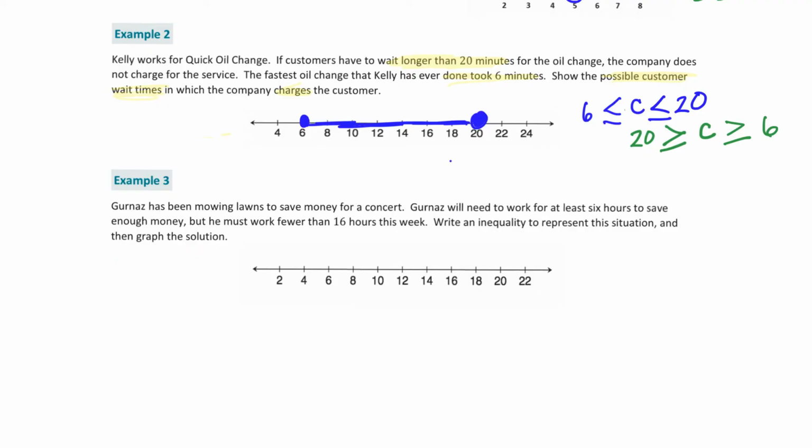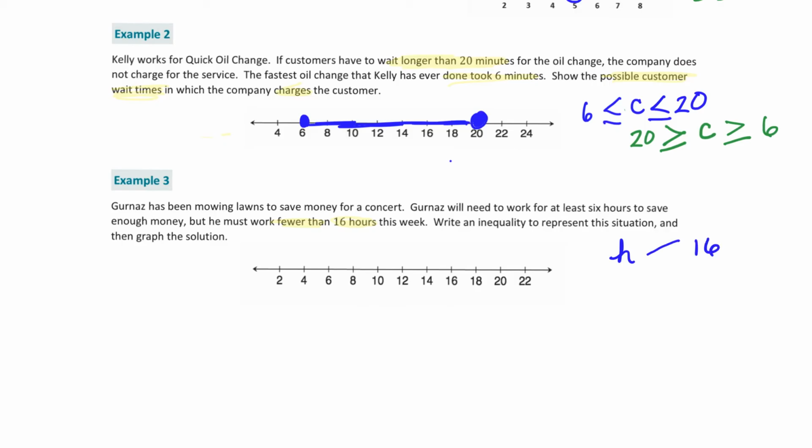Once again, we're going to go back and look for keywords, and we know that he's saving money for the concert, but he must work fewer than 16 hours this week. So we'll say H for hours, and we know he wants to work fewer than 16 hours.